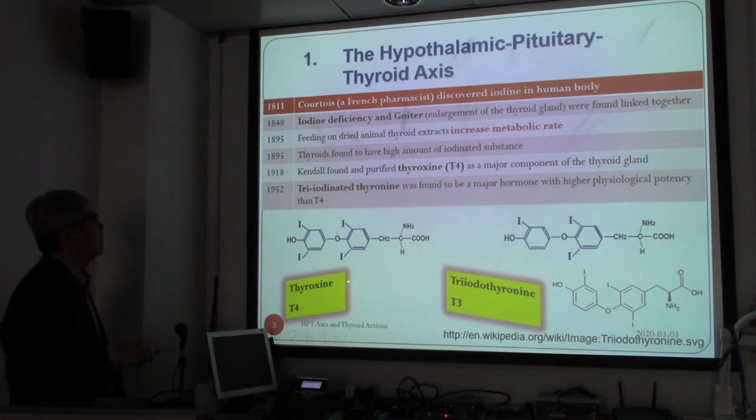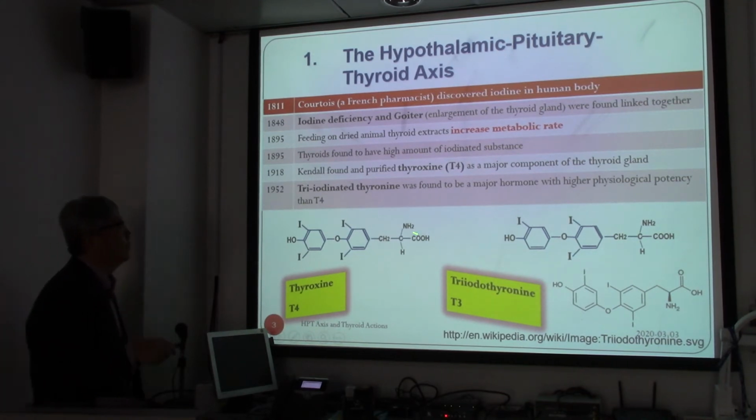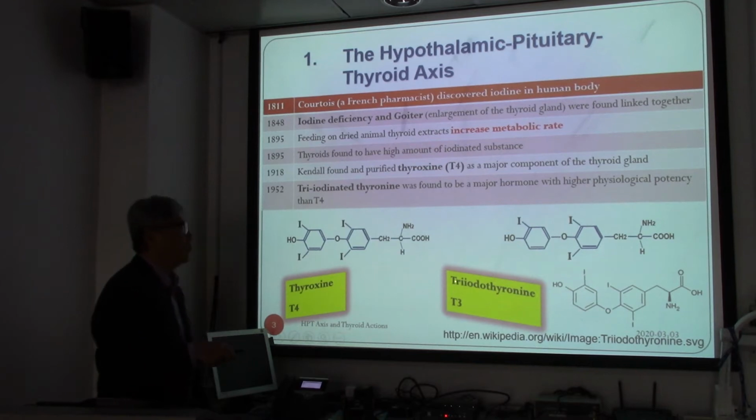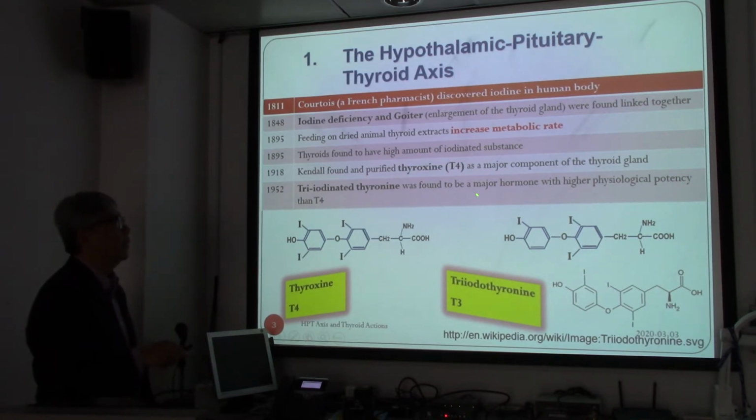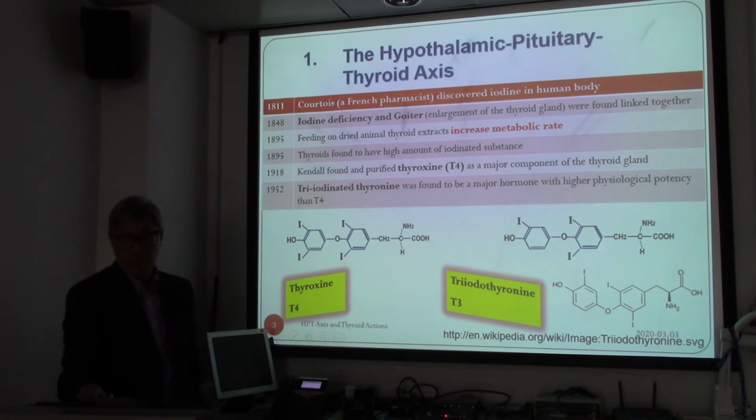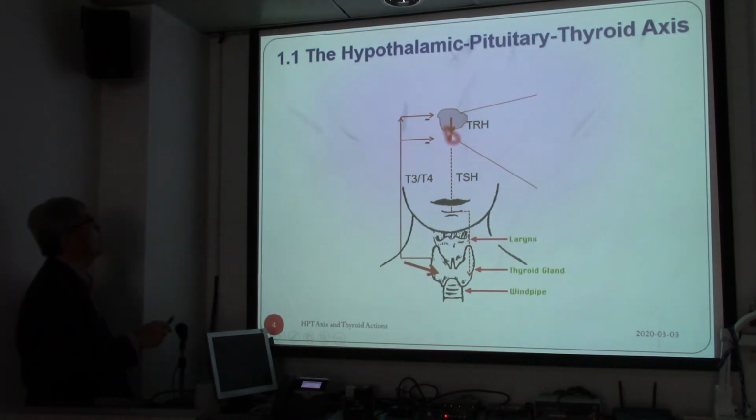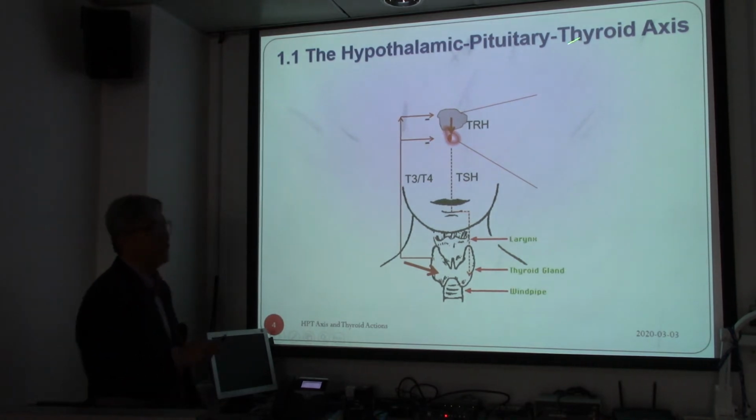It's called thyroxine, and later on, of course, in 1952, we realized that actually triiodothyronine, T3, is the key or major hormone with higher physiological potency than T4. You can see this T3 with three iodinations on the rings, and this special structure binds to its receptor. With this, we may move on to the classical knowledge of the story.